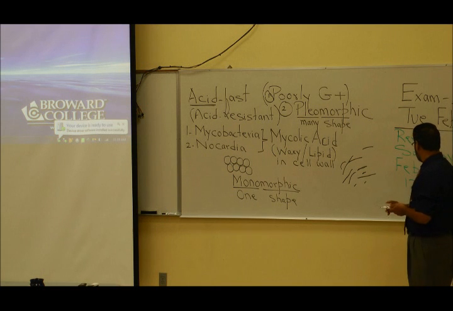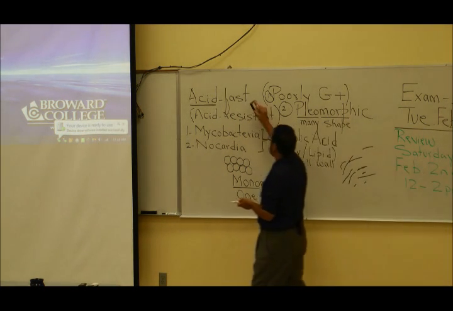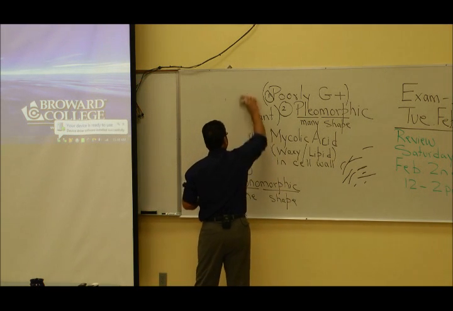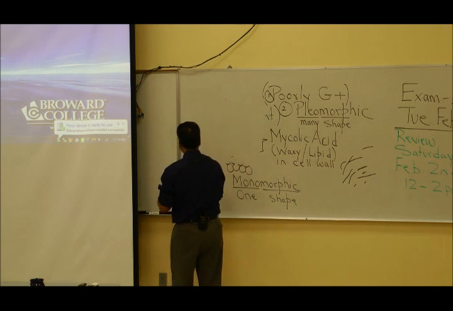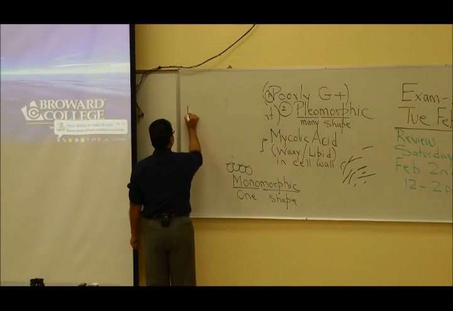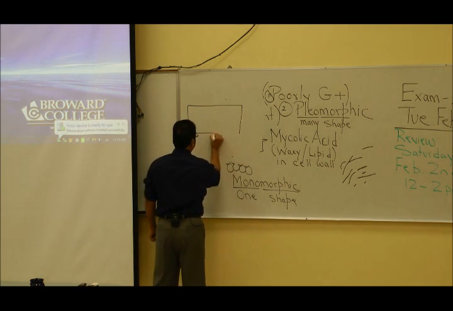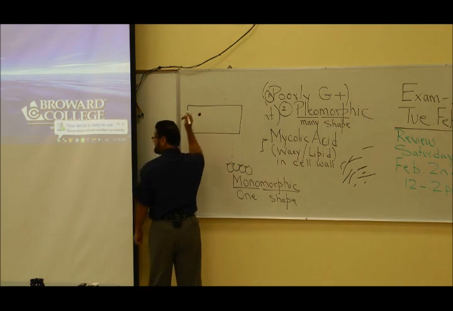So let's say you're doing a gram stain and you see these two characteristics. Let me erase some of this. You take the sputum of a person who has TB.